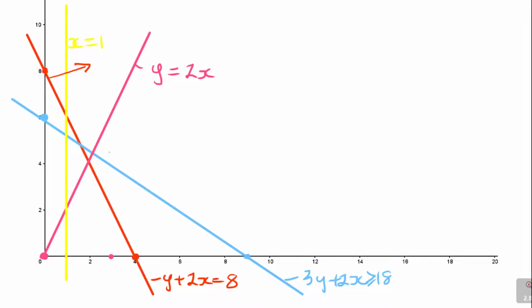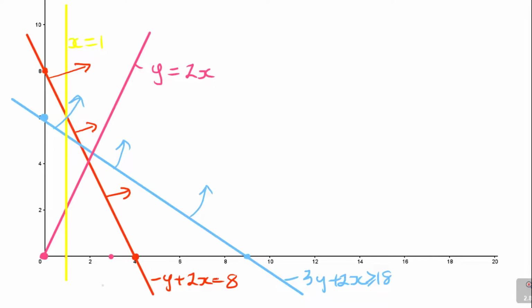And then this other graph, I also wanted that region, I wanted this region.